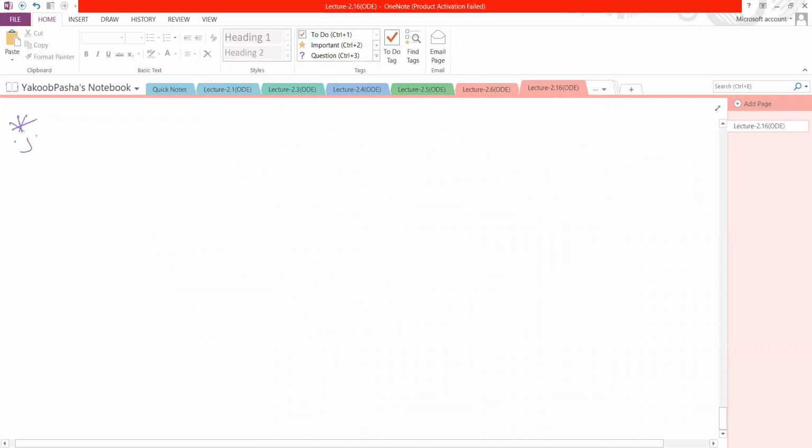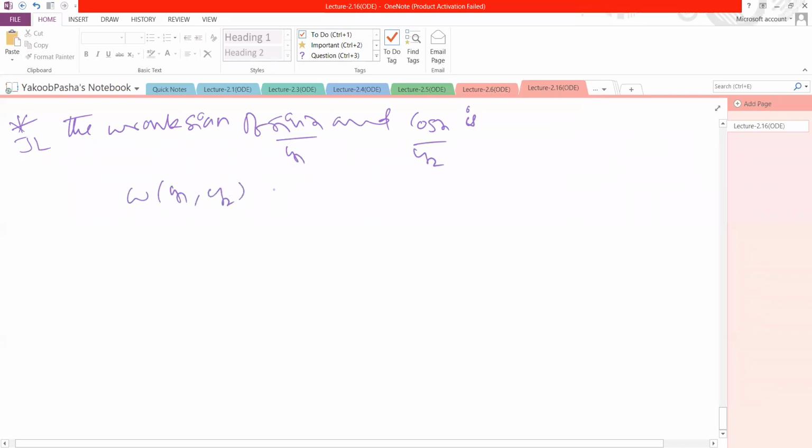The Wronskian of sin x and cos x is, this is nothing but y1, this is y2. Wronskian of y1 y2 is equal to the formula y1 y2 dash minus y2 y1 dash.